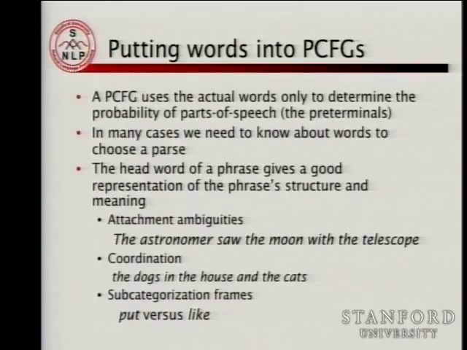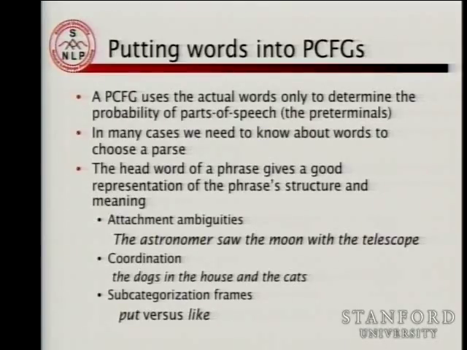Each of those rules is an independent probabilistic choice. And so it just doesn't have any ability to do sensible modeling of PP attachment decisions. And there are lots of other places where that turns up.